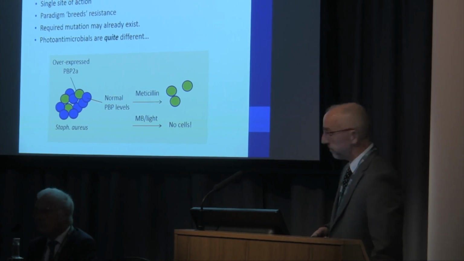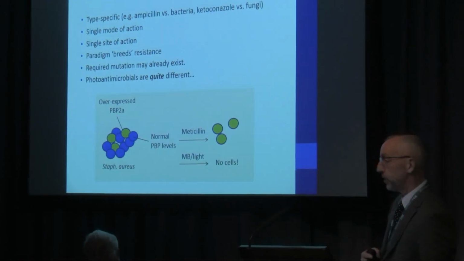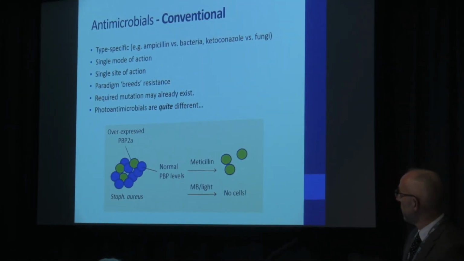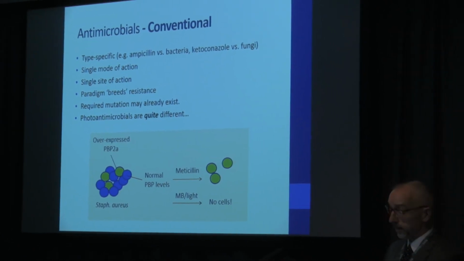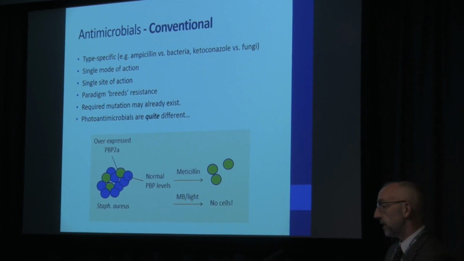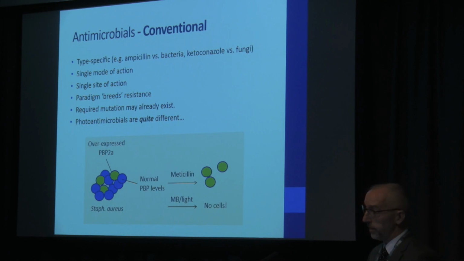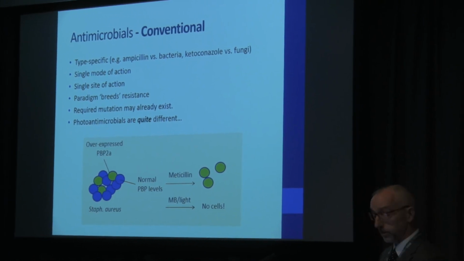So just to set the scene, conventional antimicrobials such as the penicillins, cephalosporins or tetracyclines, and also the antifungal agents, and you can include antiviral agents, tend to have a single mode of action. If you look at penicillins, for example, they all act at exactly the same site of the bacterial cell wall.